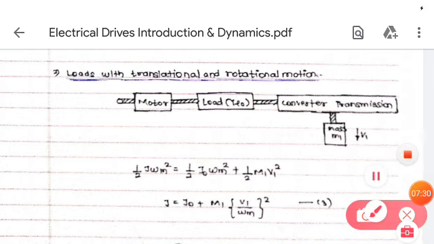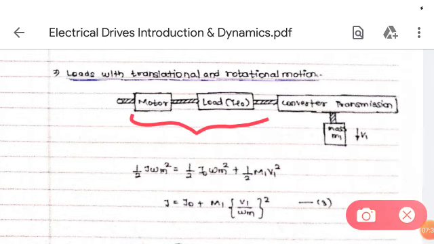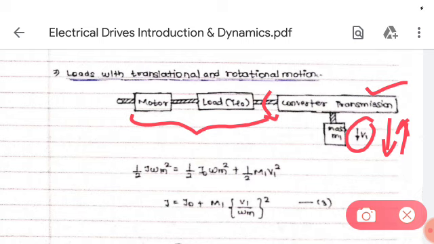So again, there is a motor and load which is directly coupled on the same shaft, and then this is the load with linear motion. V1 is velocity, m1 is the mass of the load having translational motion, and this is a converter. It is converting rotational motion into translational motion.